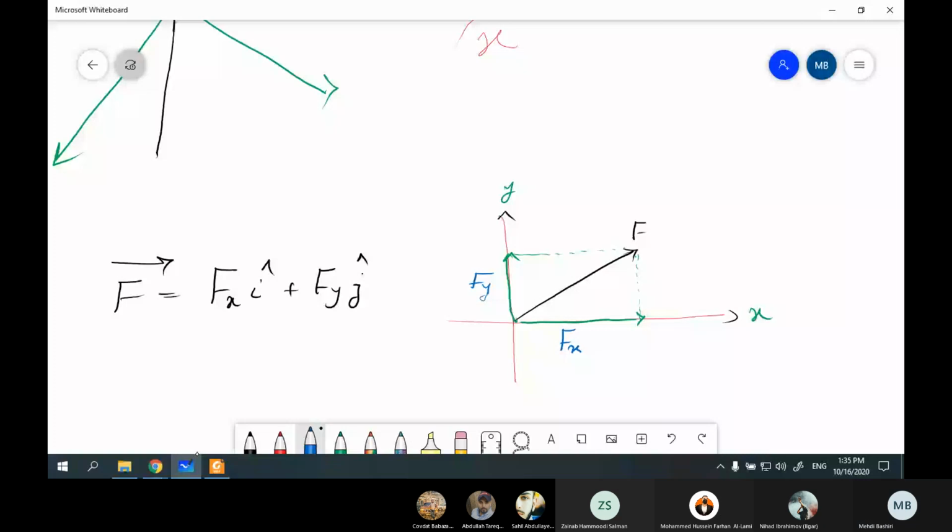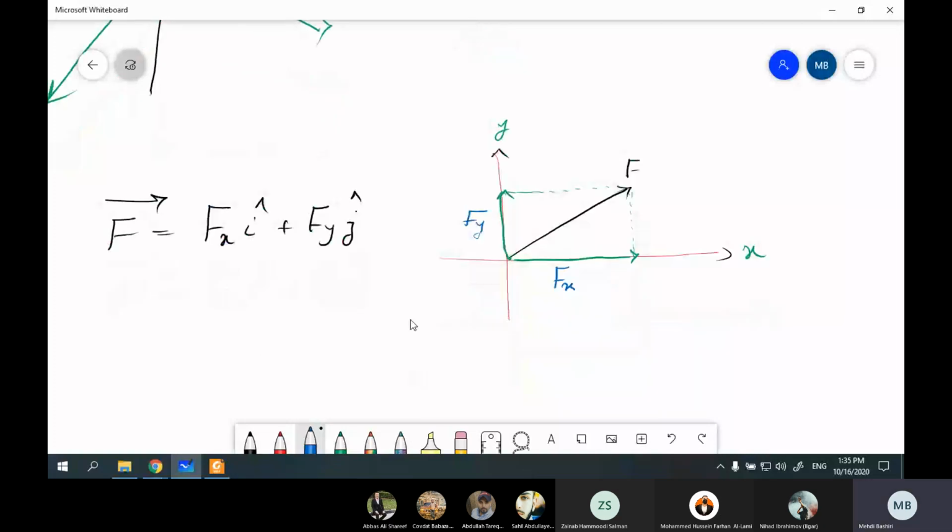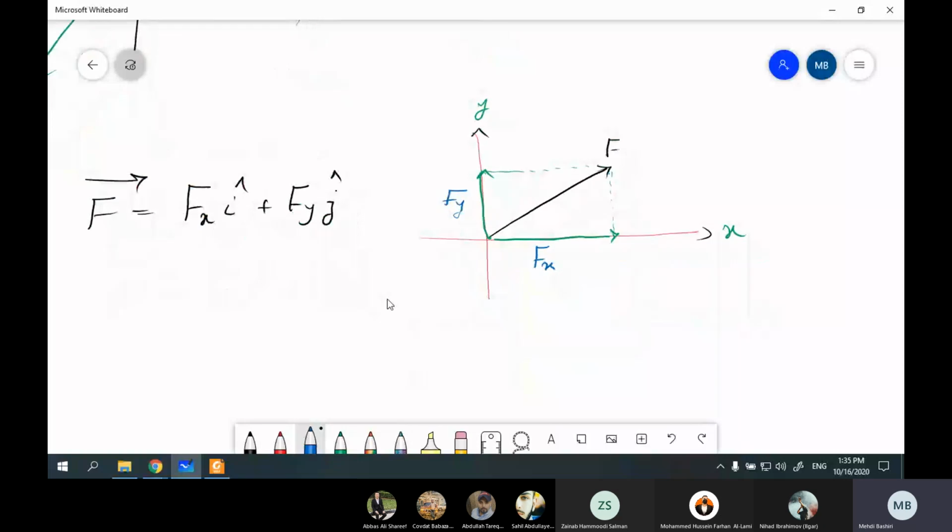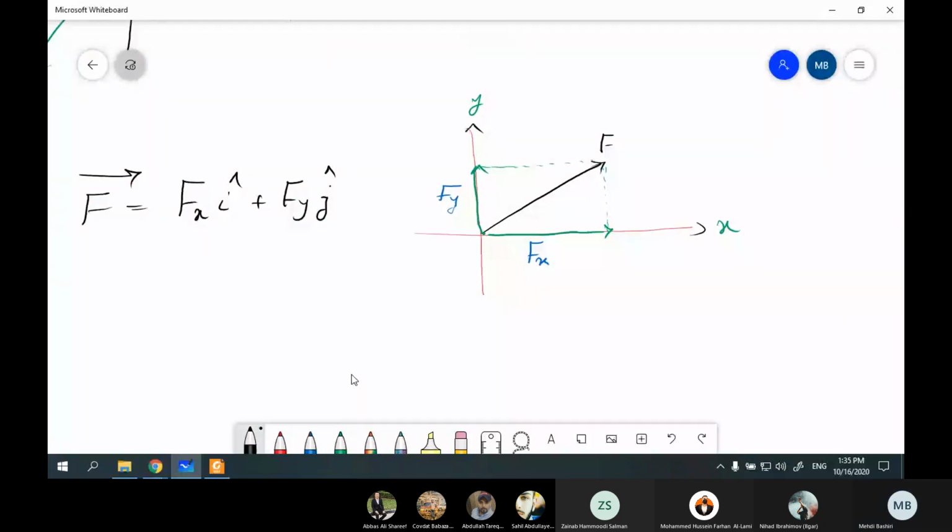So how can we find Fx and Fy? I'm sure that you know it. How? Suppose that we have angle theta here and another angle alpha. Theta plus alpha is 90.